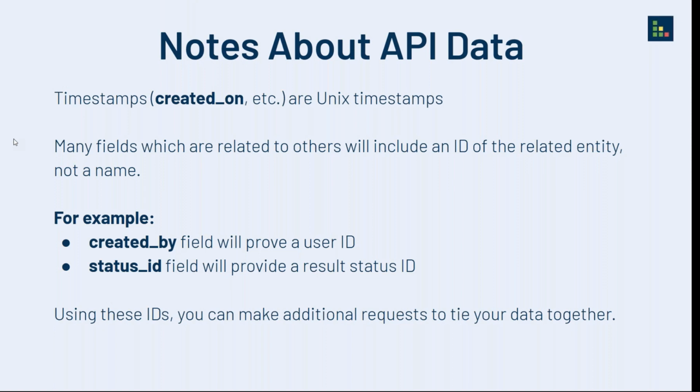Many fields which are related to others will include an ID of a related entity instead of a name. For example, the created by field will provide a user ID and not the user's name. A status ID will provide the result status ID and not the name. So status ID of 1 instead of the word passed, etc. So using these IDs, you can make additional requests to tie your API data together where necessary.